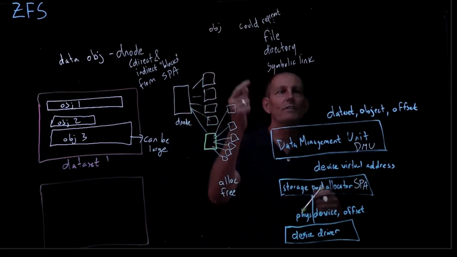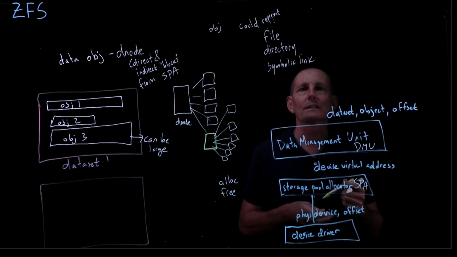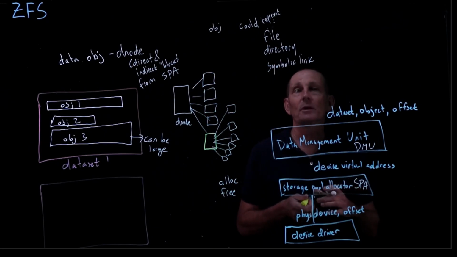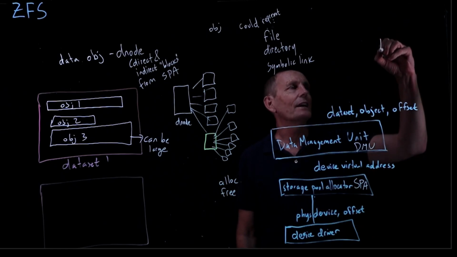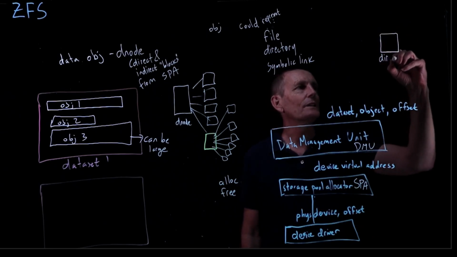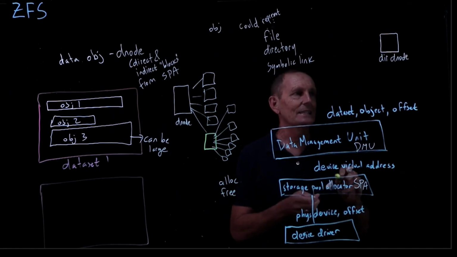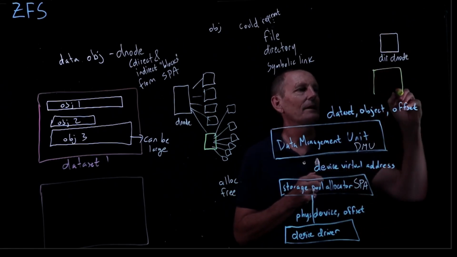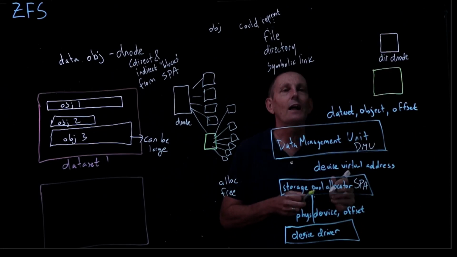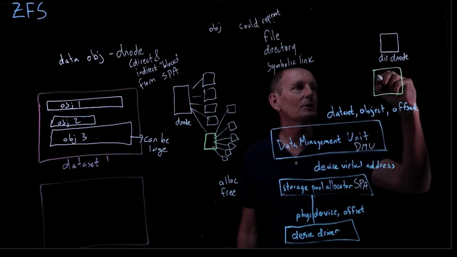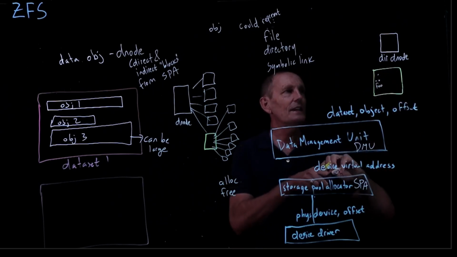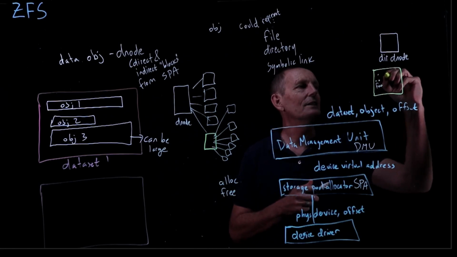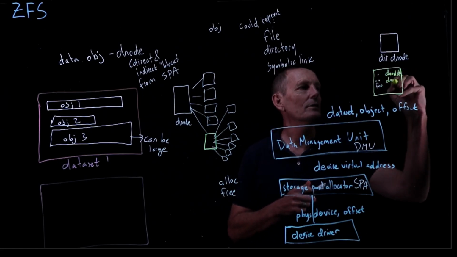An object could represent a file, a directory, a symbolic link, and so on. And then there can be references between those. So I can have a directory dnode whose contents, let's say, is this block, and whose value might be very similar to what you're used to, a dot and a dot dot and a foo, and then these would all be dnode numbers.